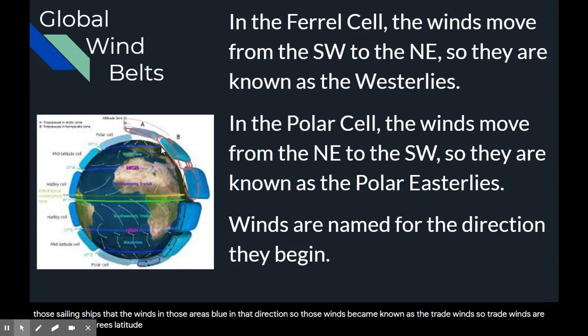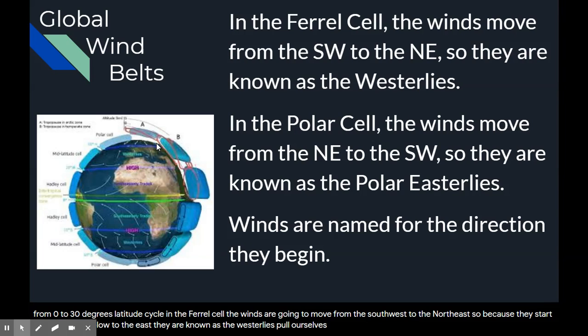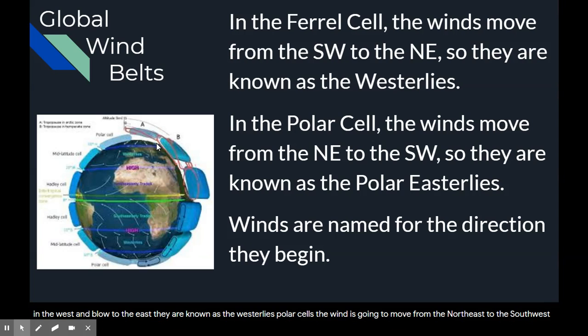Then in the Ferrel cell, the winds are going to move from the southwest to the northeast. So because they start in the west and blow to the east, they are known as the westerlies. In the polar cells, the wind is going to move from the northeast to the southwest, so they are known as the polar easterlies.